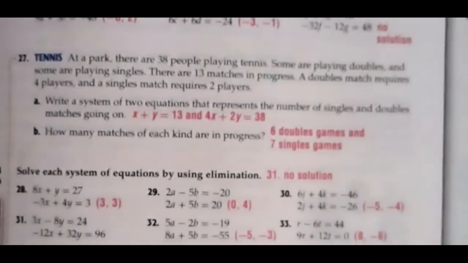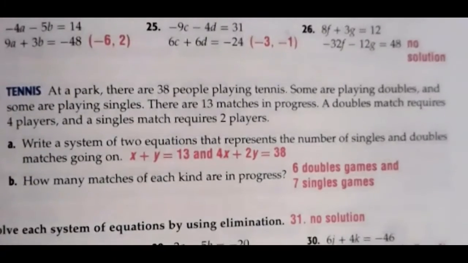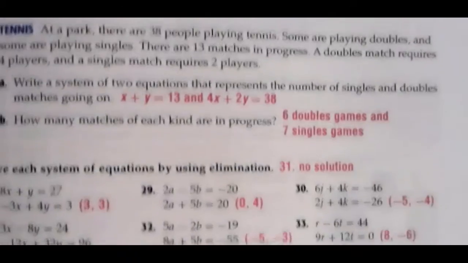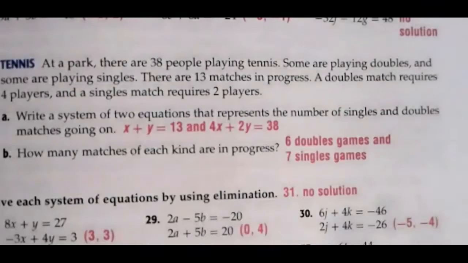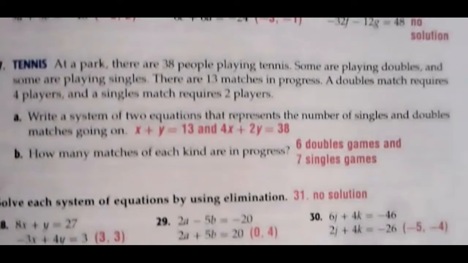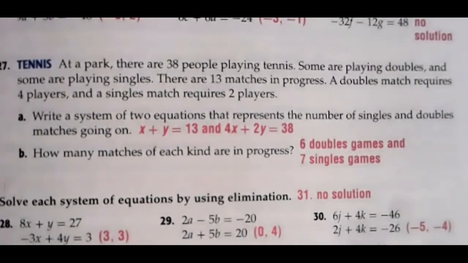So in 27, we had a word problem, and it said that there were 38 people playing tennis, doubles and singles combined. Write a system to represent the number of singles and doubles matches. So you had x plus y, where x was representing your doubles, and y representing your singles.